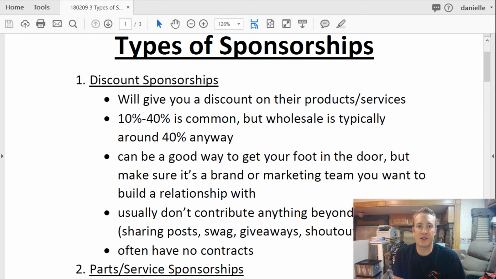So one thing I want to advise everyone is to make sure that even though 10% sounds great, or even like 40%, which is usually across many industries considered wholesale, that's essentially what they would sell to a vendor or a shop for, 40% off, so that shop can then mark it up. That's a common number, but it changes from every company.